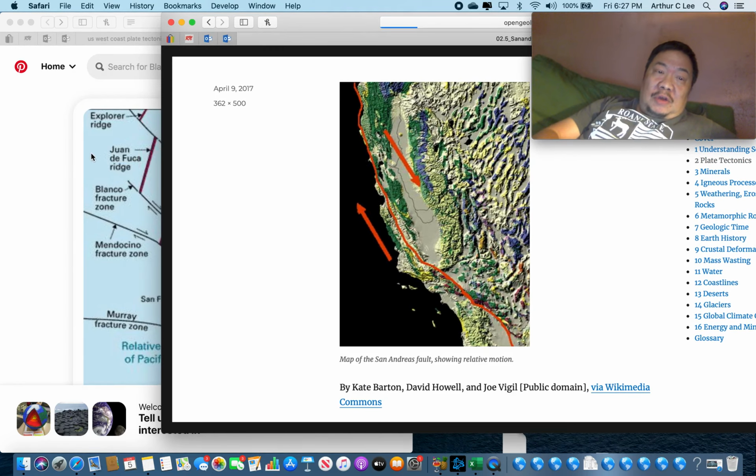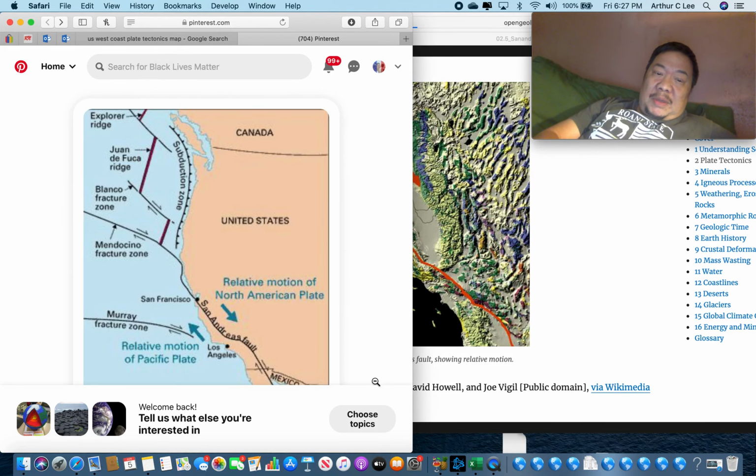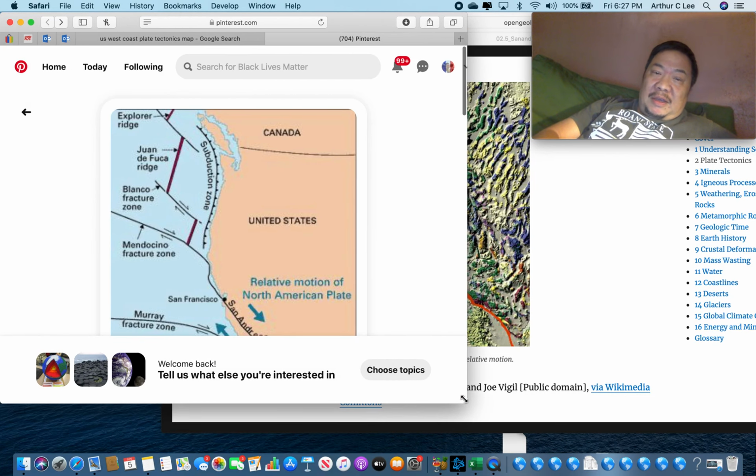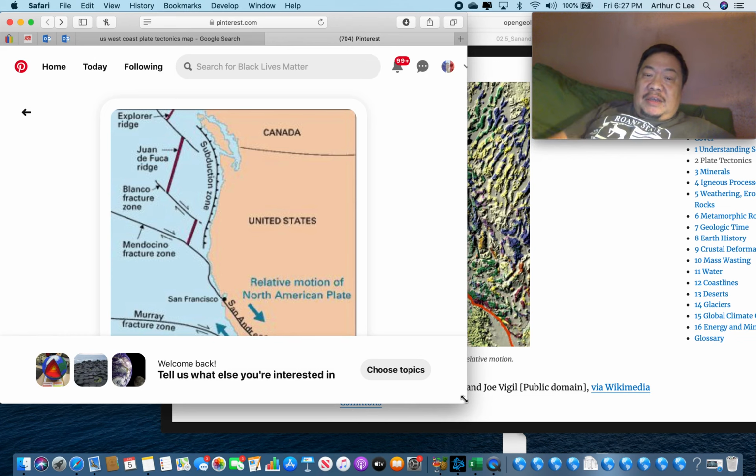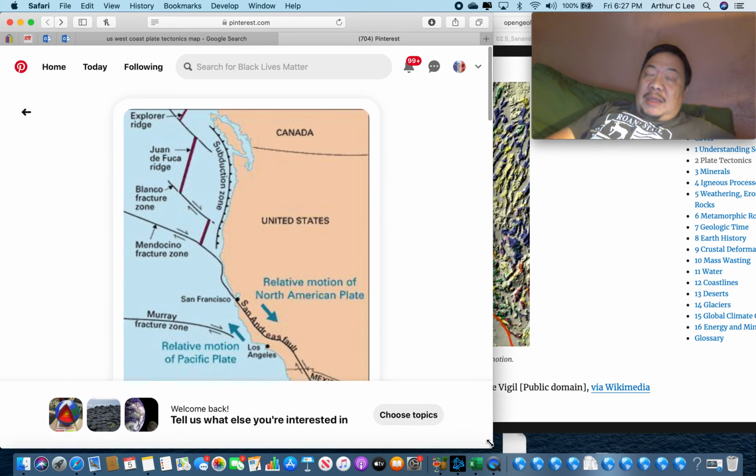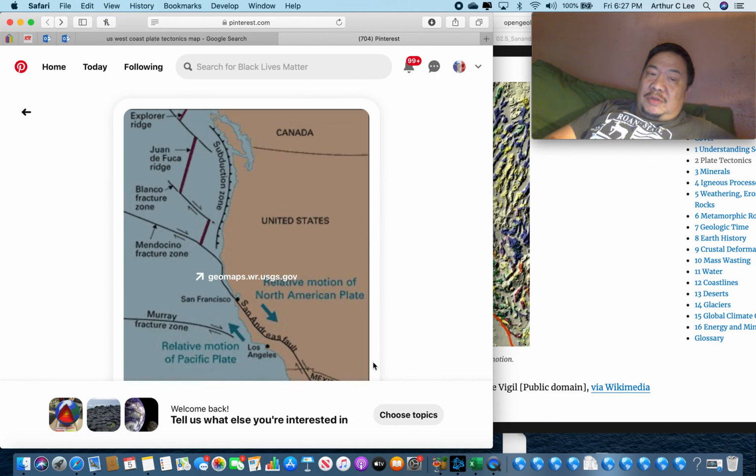Talking about our West Coast, I know most of y'all are probably East Coast people. You grew up east of the Mississippi River, so did I. But we have a lot of interesting things going on from a plate tectonics perspective on our West Coast.